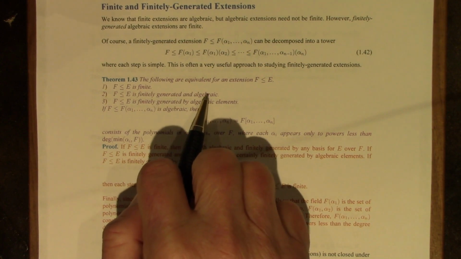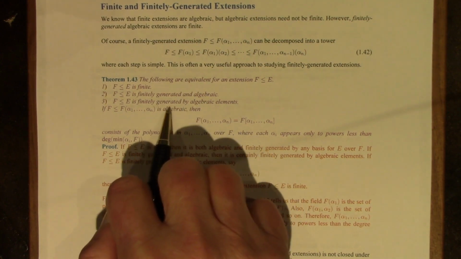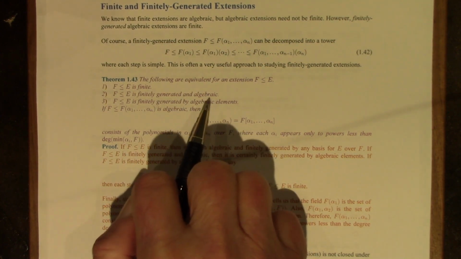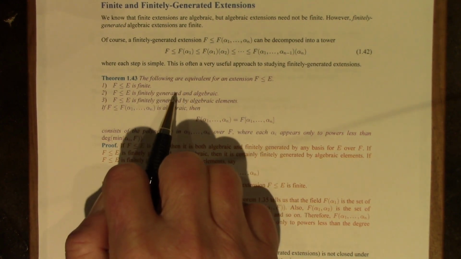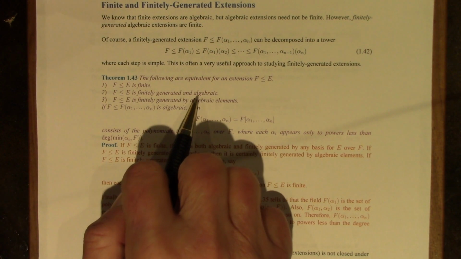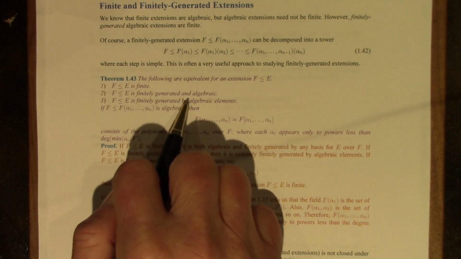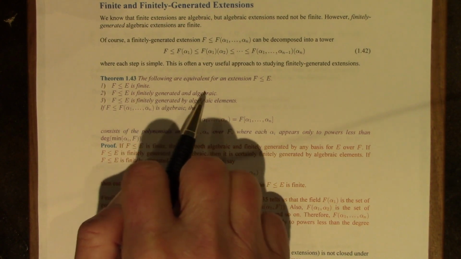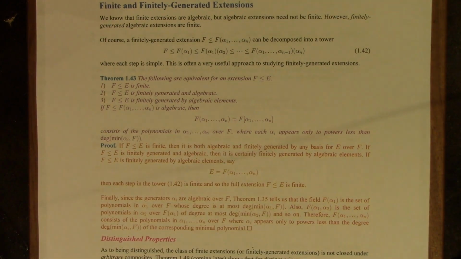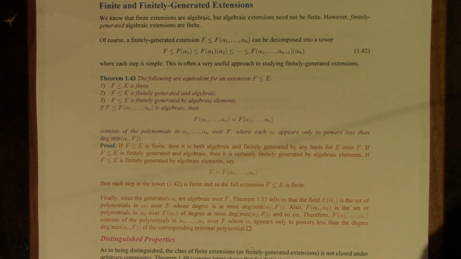If the generators are algebraic, then the extension is algebraic. And finitely generated algebraic extensions are actually finite dimensional.